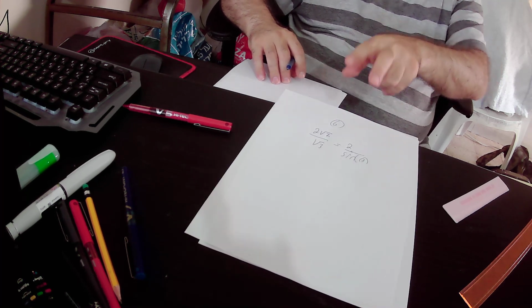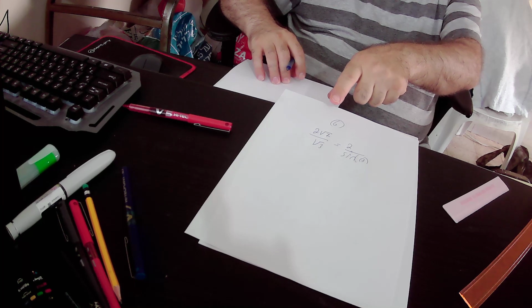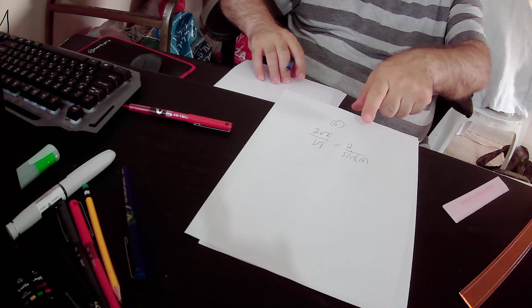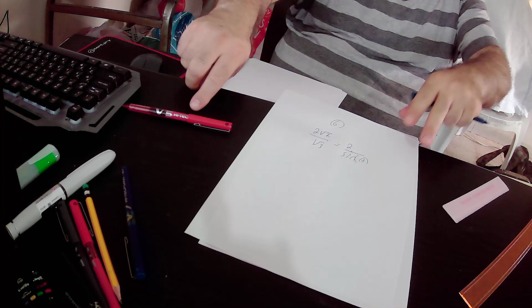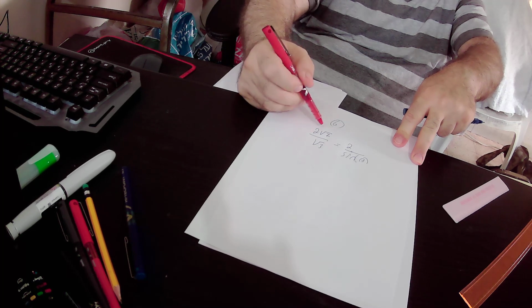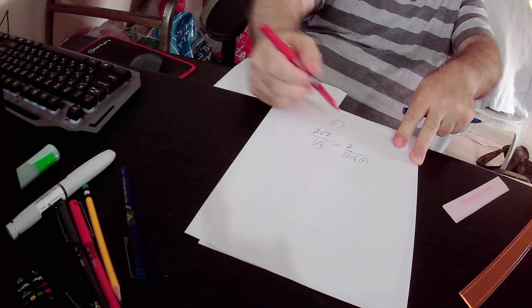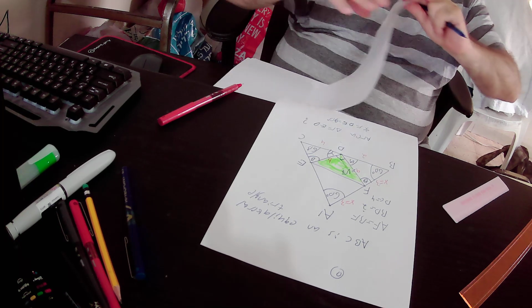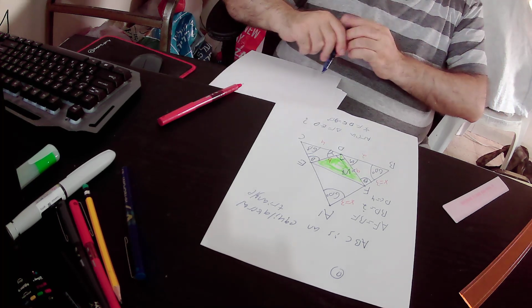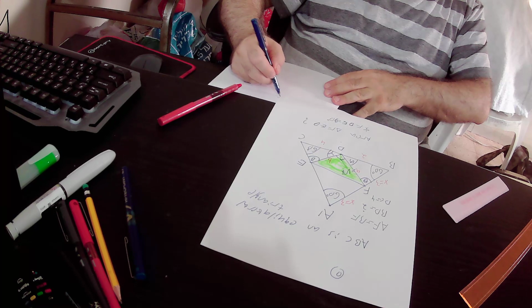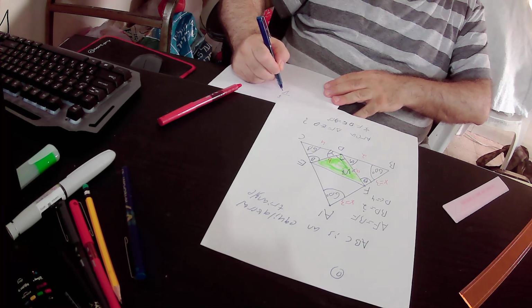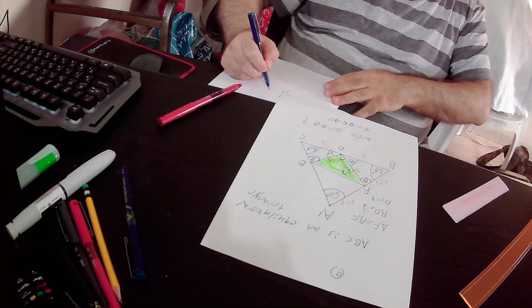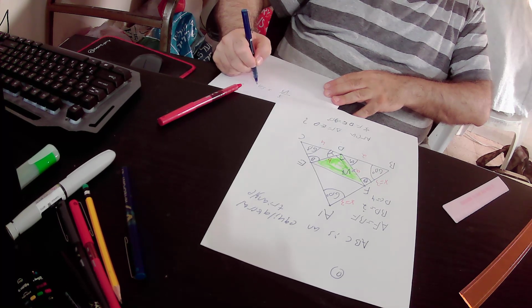Here we have 2 in the numerator of this side of the equation, and we have 2 in the numerator of the other side of the equation, so we can cancel 2. And what we are left with is root of 7 over root of 3 equals 1 over sine theta.